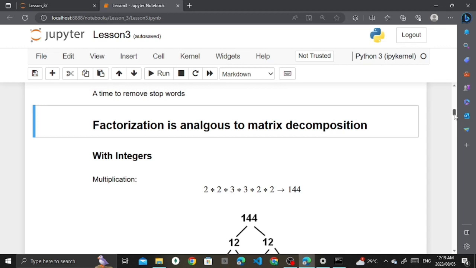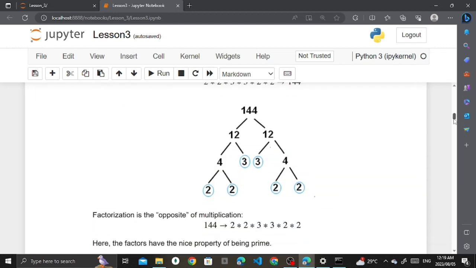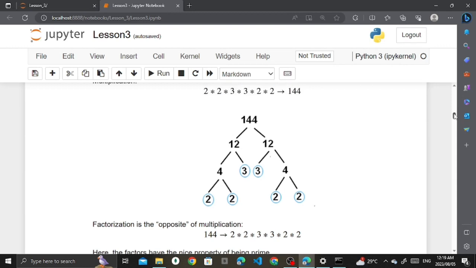Something I wish I could have set up last time is factorization. Factorization is analogous to matrix decomposition. I just wanted a reason to explain why it is something we do. Looking at a much simpler case, here you can see multiplication: 2 times 2 times 2 times 3 times 3 is 144.